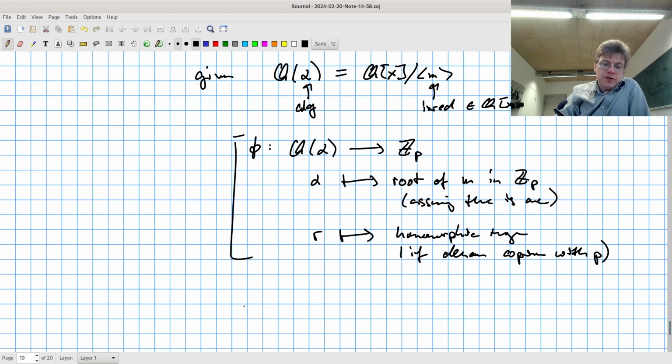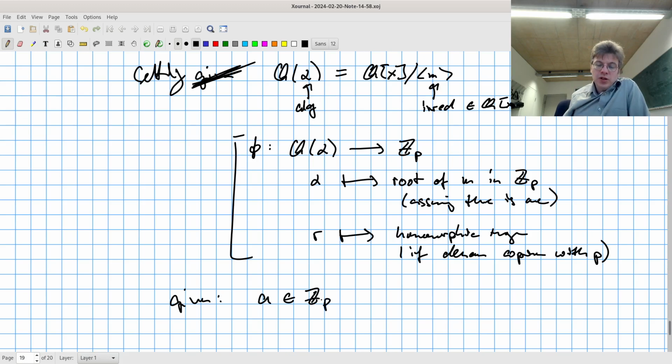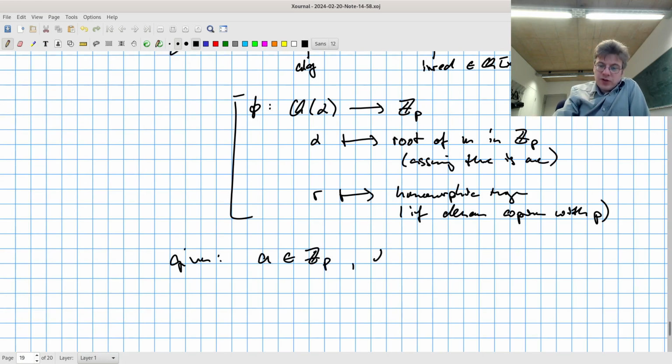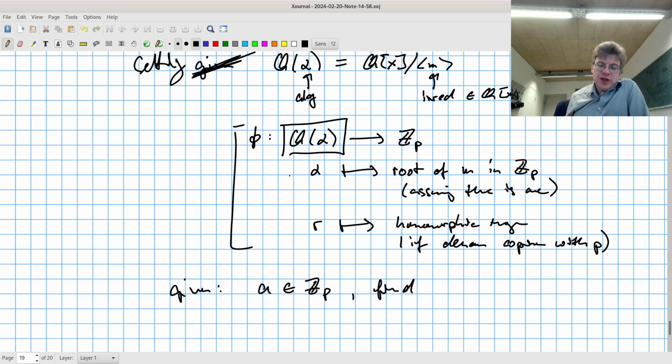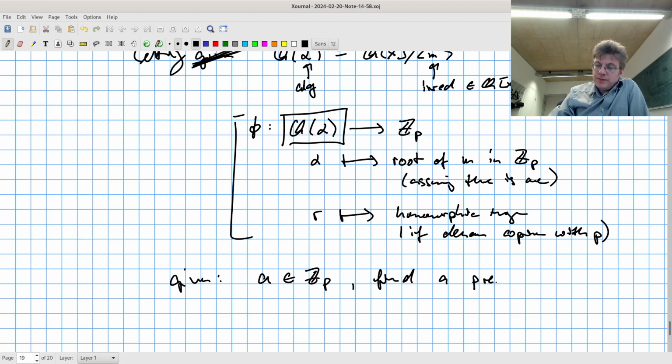So this is actually not the given, this is the setting in which everything takes place. And now given is some A in F_p, and the question is find an element of the algebraic number field that is the pre-image of this A. Find a pre-image of A in Q(alpha).